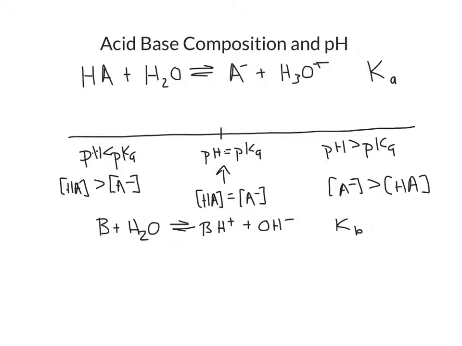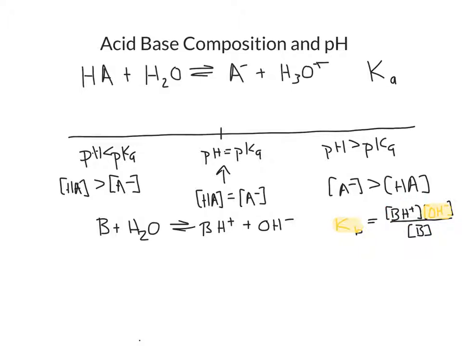Notice that the conjugate acid concentration times the OH- concentration divided by the conjugate base concentration is equal to Kb, and so when we have the OH- concentration equal to Kb, we will have equal concentrations of conjugate acid and conjugate base.